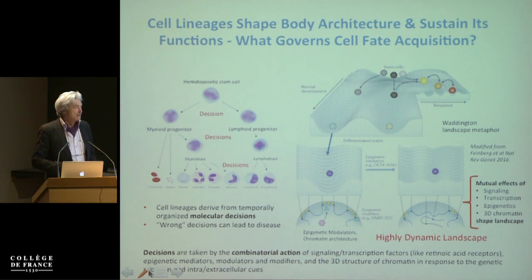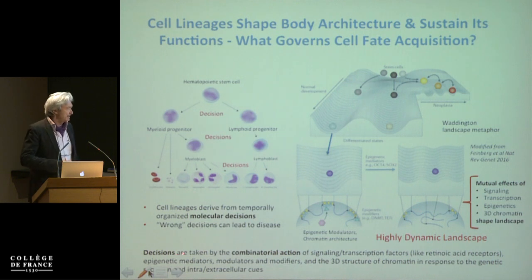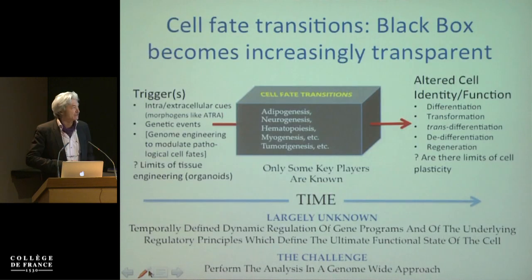And finally, for over the last 10 or 15 years or so, we are getting more and more aware of the impact of the structure of chromatin within the nucleus itself, which contains apparently topologically encoded genetic information. So we have here a highly dynamic landscape, and all of these molecular decisions derive from the combinatorial action of all of these various levels of regulation.